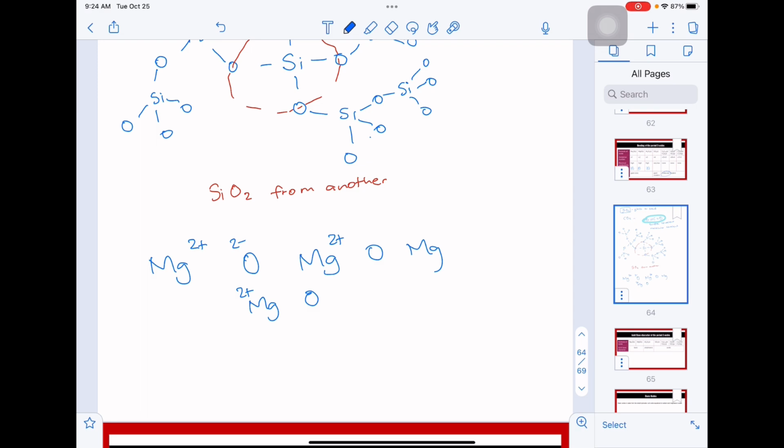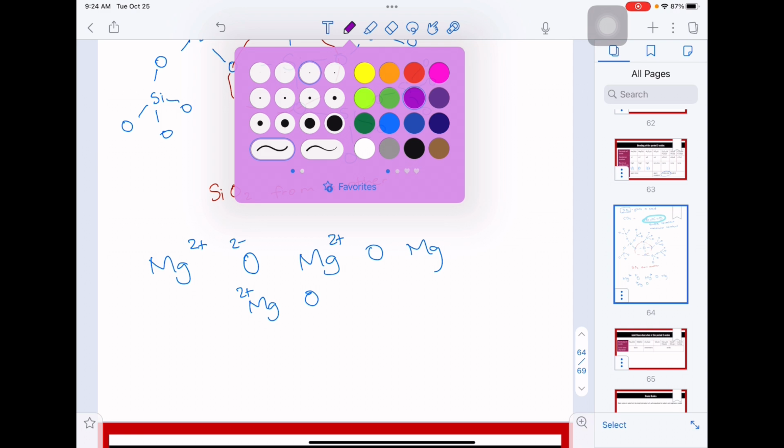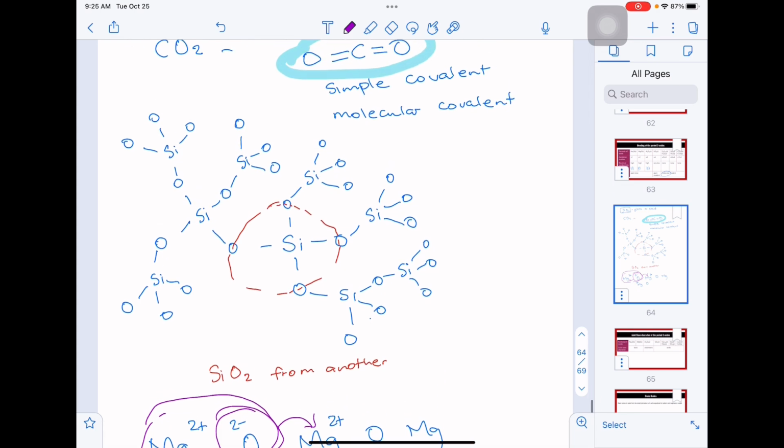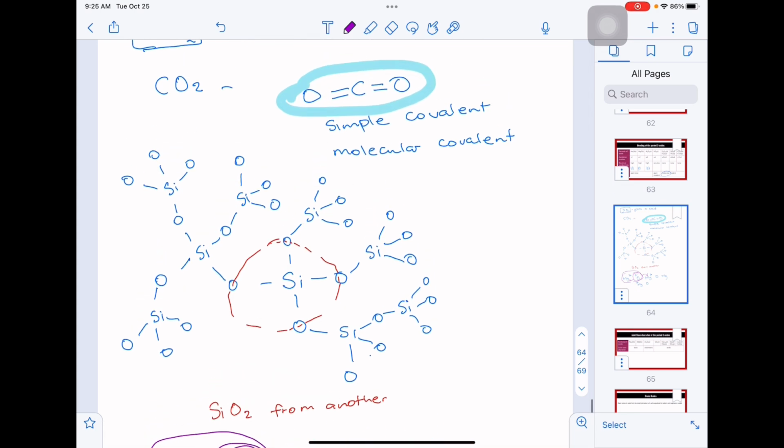It's hard to say this oxygen came from this Mg, because this oxygen is attracted to this Mg as much as it's attracted to that Mg. So the attraction within the quote unquote molecule and across molecules is the same. So ionic compounds are all giant, but covalent compounds, some are simple, some are giant.